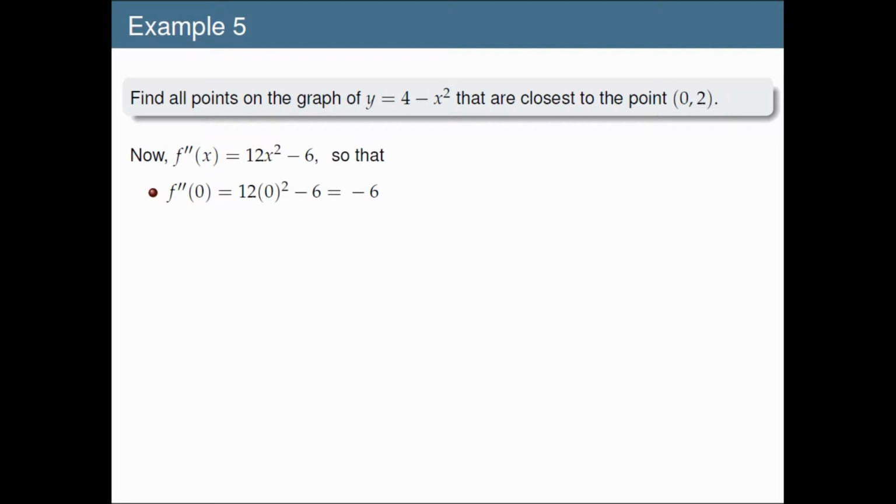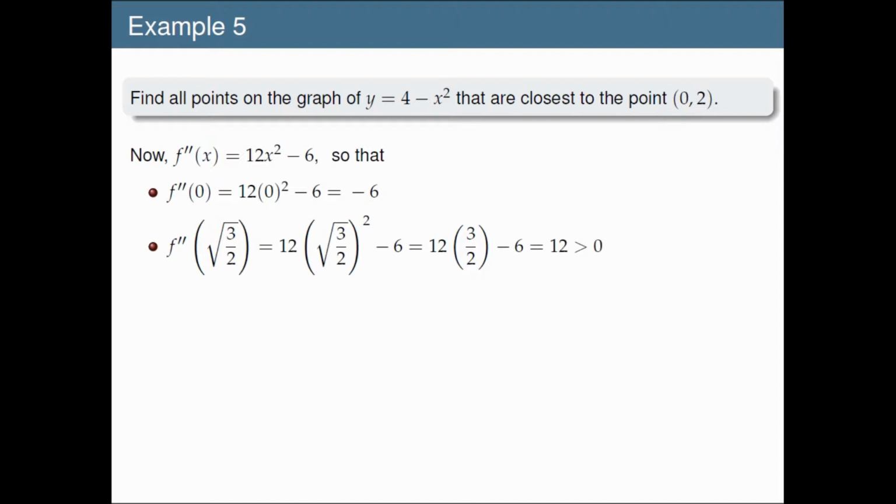Negative 6 is less than 0. If x equals square root of 3 halves, then this is the value of f double prime. The square root of 3 halves squared is 3 halves. And this one is equal to 18 minus 6, or 12. And 12 is greater than 0.